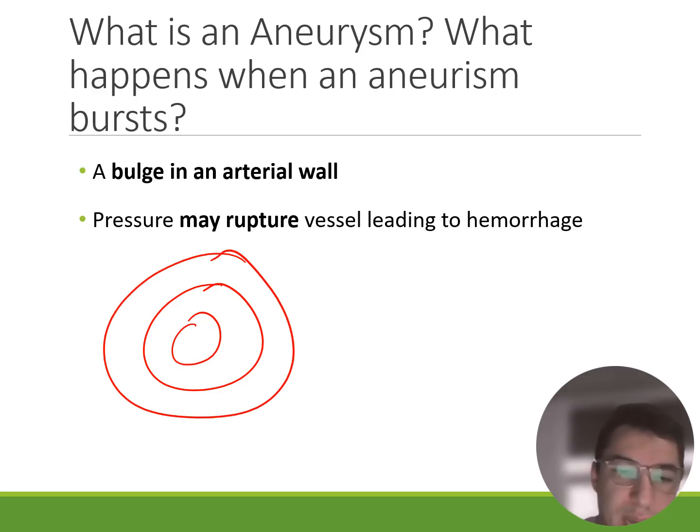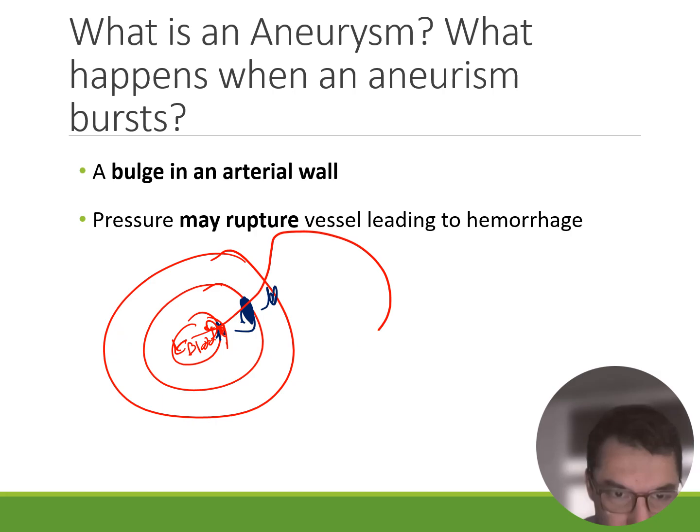What if there is a weak spot in the vessel itself? Because there is pressure trying to push, the blood is pressurized as it is carried through. If there is a weak spot, it's going to make this bulge, and that is what we call an aneurysm.